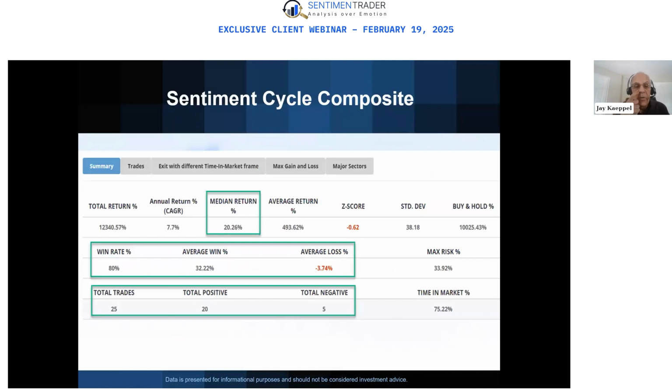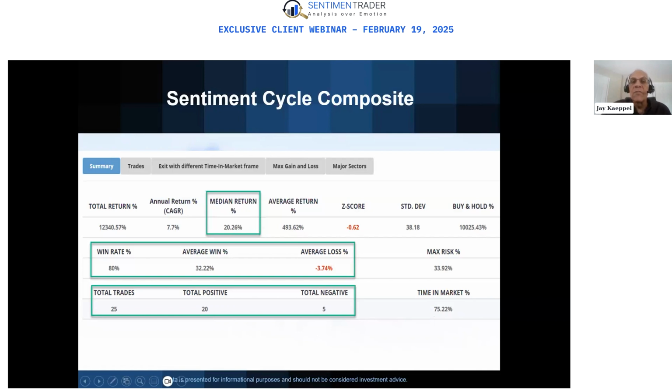And here's kind of the summary. 80% win rate. The average win was 32%. The average loss was only about 4%. And it's in the market about 75% of the time, which makes sense if you're looking to reduce risk. You know, a certain amount of the time you're in a bear market. So this kind of seems to capture that.